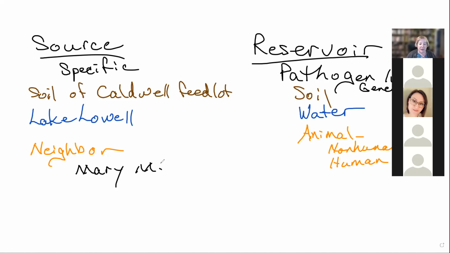And say if we had a different example, say we kept seeing patients in a hospital who were being cared for by one specific nurse, kept getting E. coli infections, we would go to that particular employee and say, so how are you washing your hands? Does that make sense?